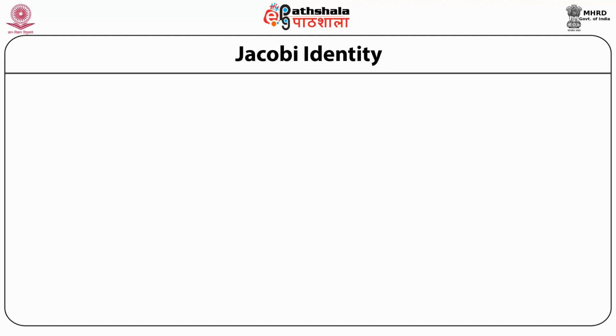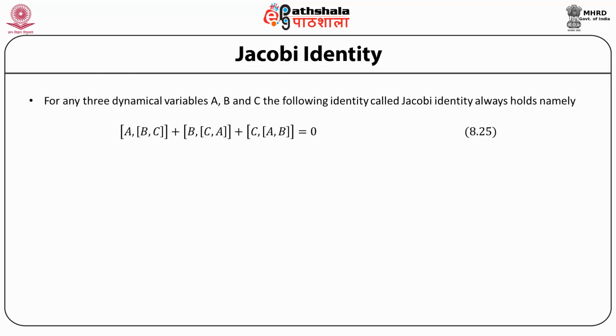An important relationship which is satisfied by the Poisson bracket is the so-called Jacobi identity. For any three variables A, B, and C, the Jacobi identity always holds, where the Jacobi identity is defined as the sum of these three terms.